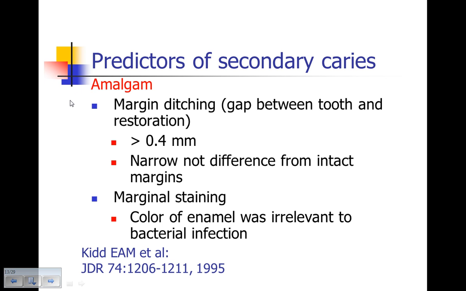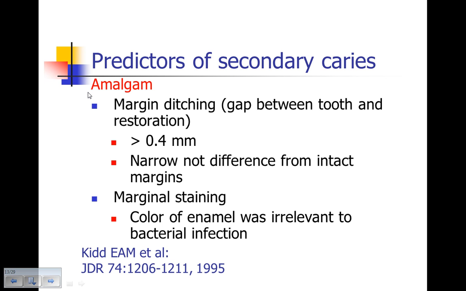They sectioned them. They looked at what was defective about a restoration and then whether or not those defects led to carious lesions, and what they were looking at is what we call wall lesions. When we section the tooth, do we see demineralization along the wall of the cavity preparation adjacent to where the restoration was?